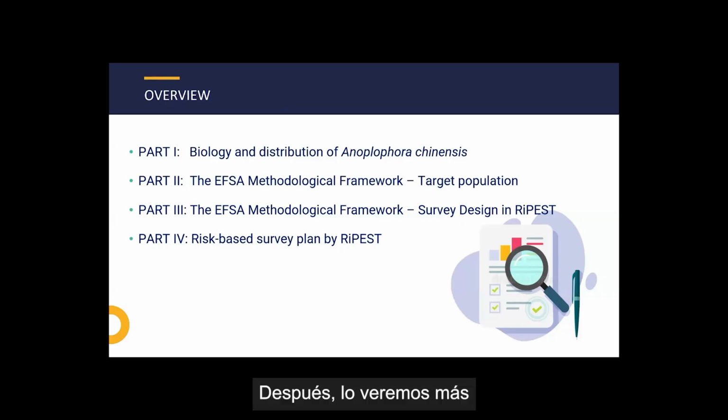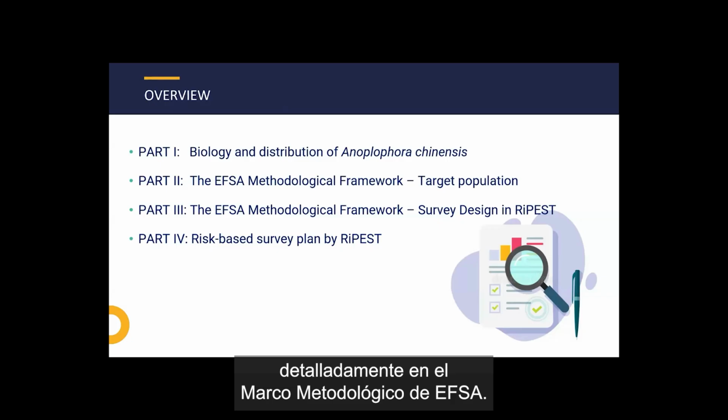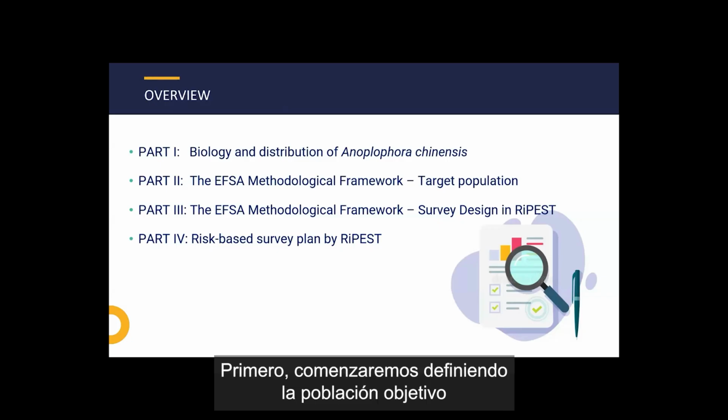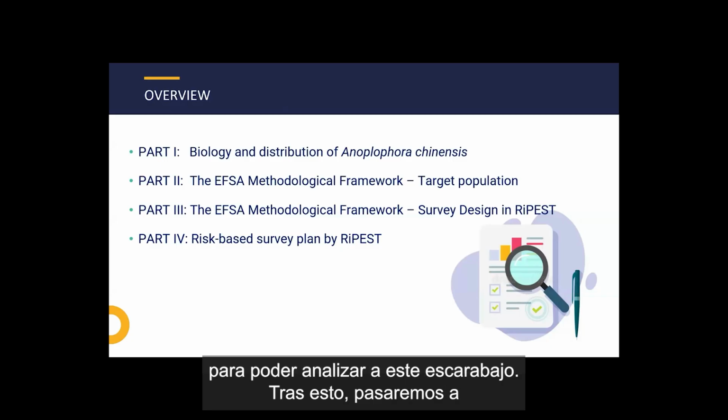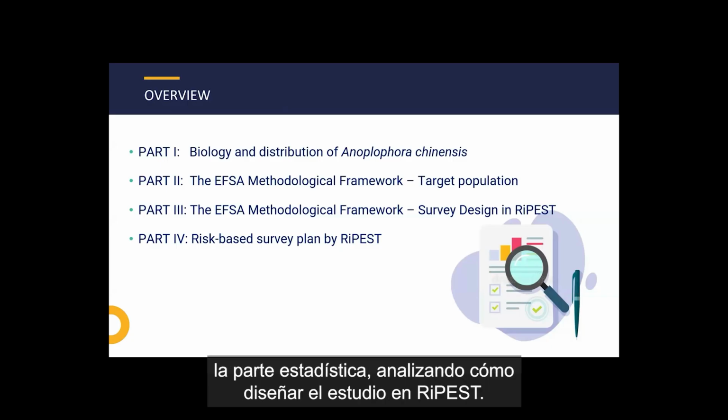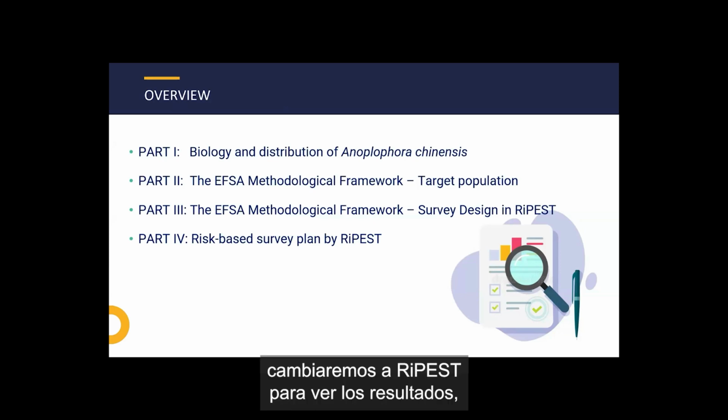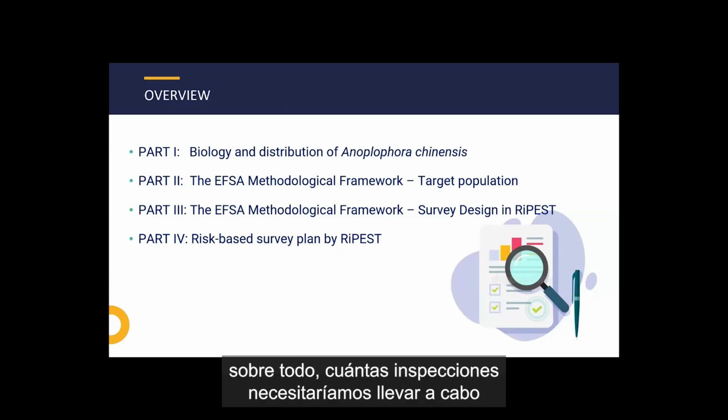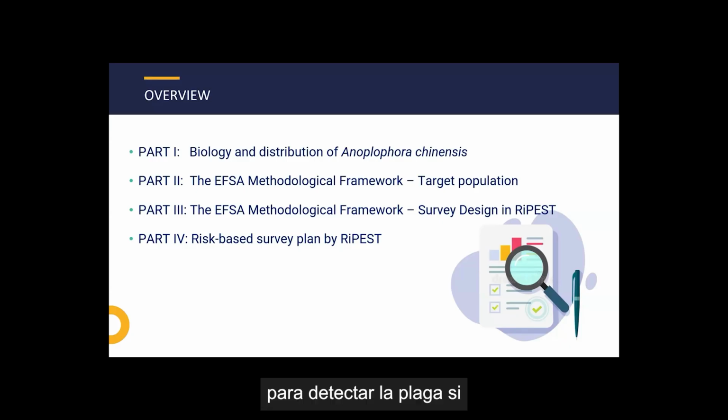Then we address in more detail the EFSA methodological framework, first starting with defining a target population if we want to survey this beetle. And then we do the statistical part to design the survey in RiPEST. After, we will switch to RiPEST and look at what the answer is in terms of giving us numbers of inspections that we have to perform to detect the pest if it is arriving in our area of survey.